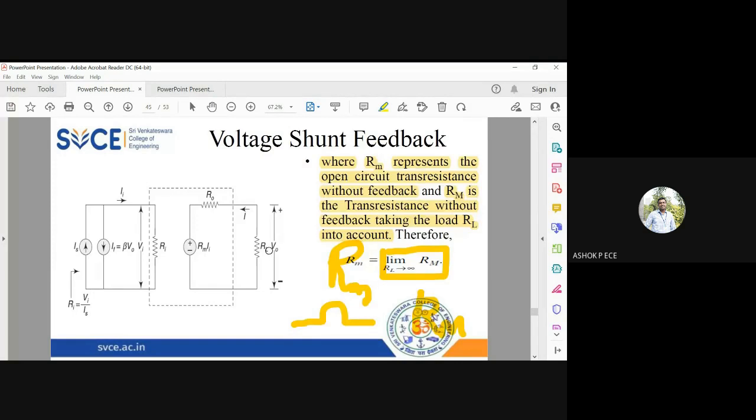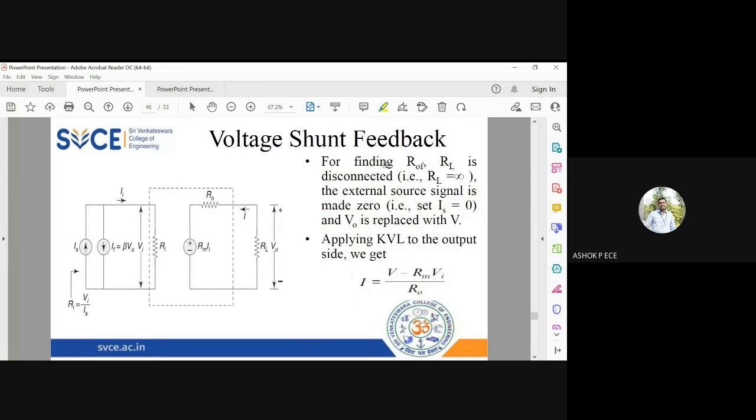So we have found that the input impedance is decreasing for the voltage shunt feedback amplifier. Now for finding the output resistance, the way we have been doing, we'll be removing RL. So disconnect RL and assume that you are going to apply a voltage source capital V at the output side, and the current flowing from the voltage source is capital I. That is denoted here.